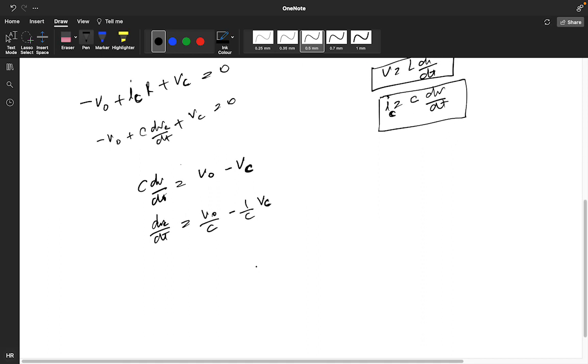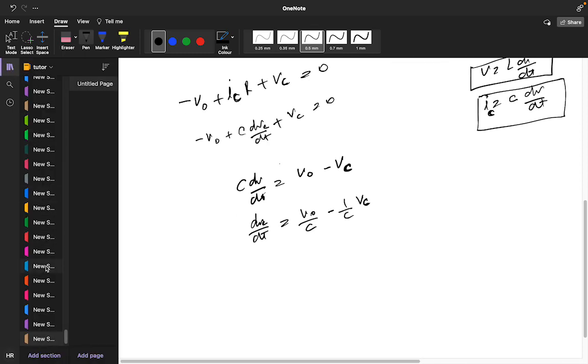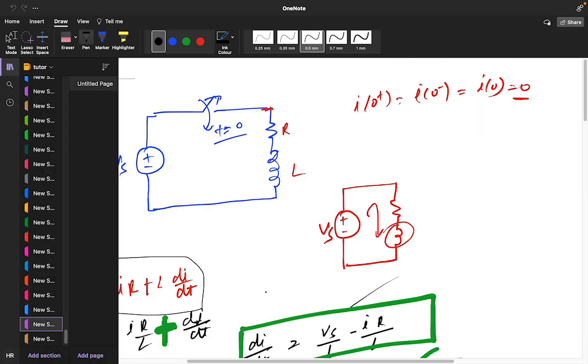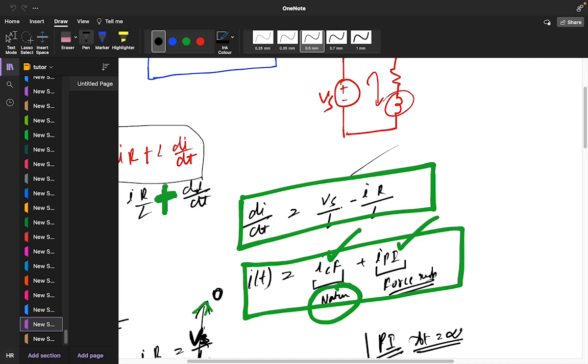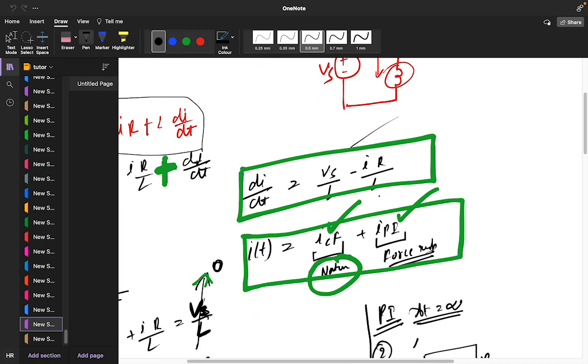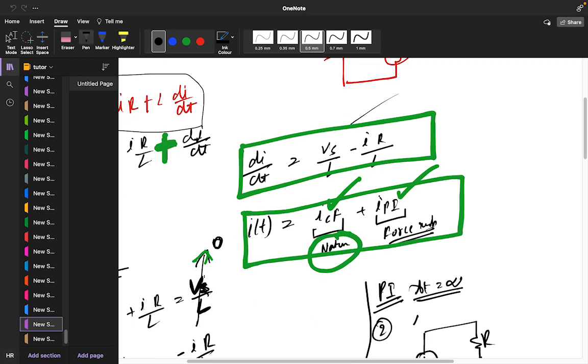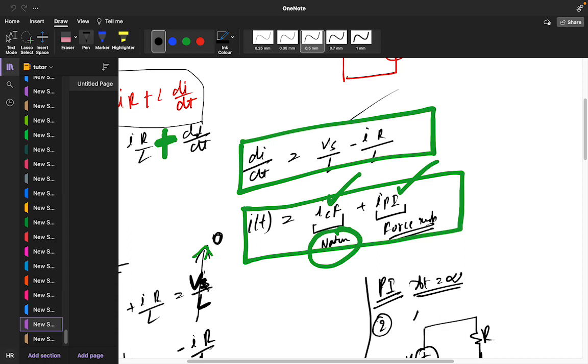We get the equation dVc by dt is equal to V0 by C minus 1 by C into Vc. See guys, earlier we got an equation like Vs by L minus IR, something like this.